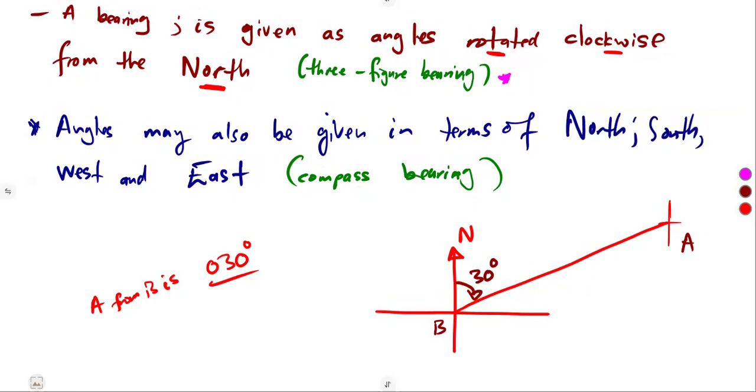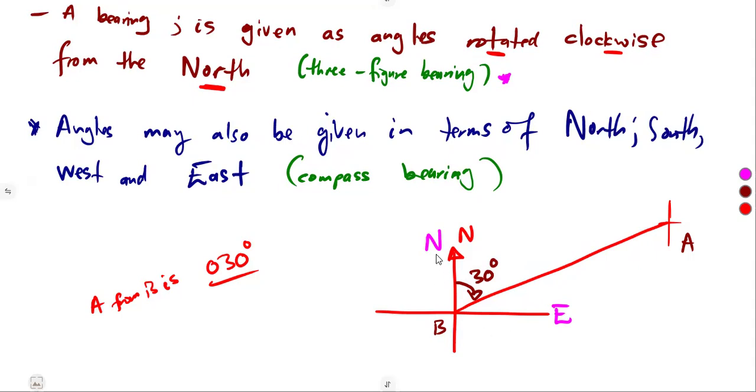But when we consider the same bearing as a compass bearing like this, which poles are we having from B? We have got the north, and we have where the line is, it's in between north and what? And east.